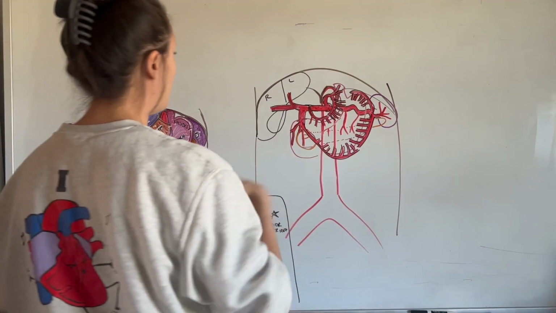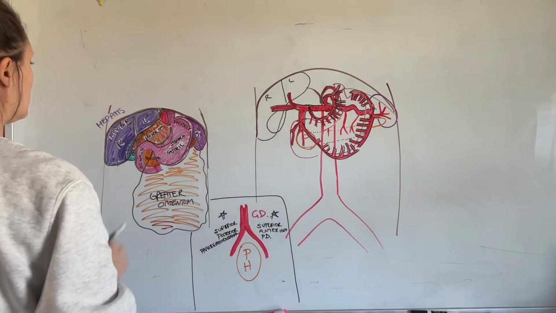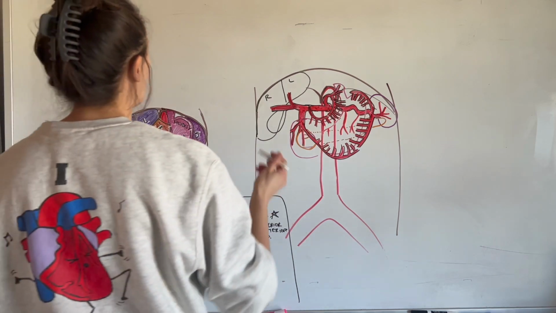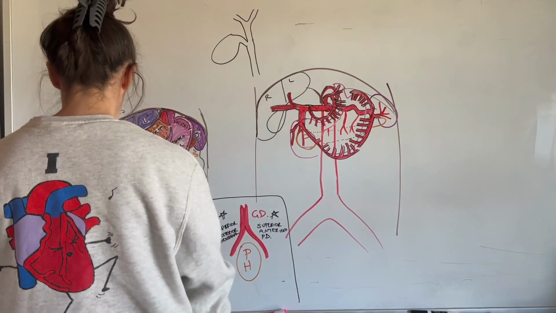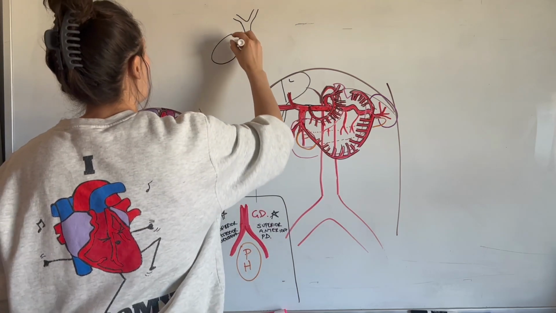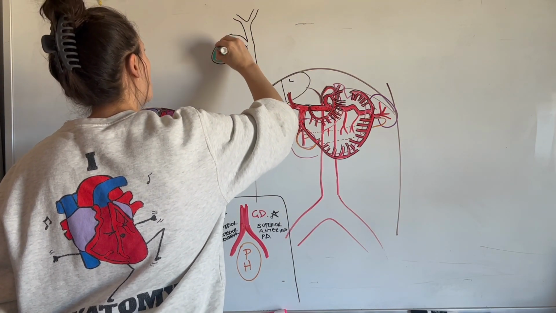So what's the other variable artery? Well, the other variable artery goes to the gallbladder, and it is called the cystic artery. If you think about the gallbladder itself and the biliary tree, what is the biliary tree? The biliary tree is essentially the ducts that hold and contain bile and transport it around.